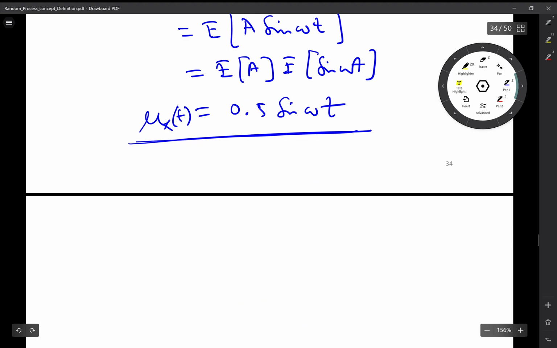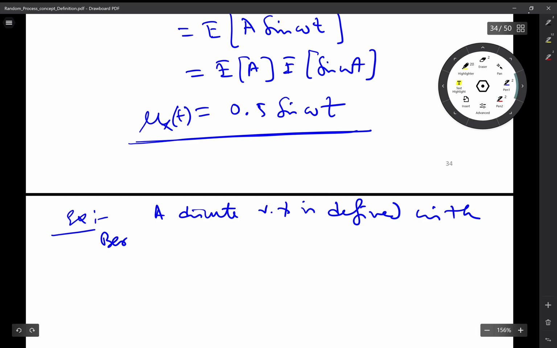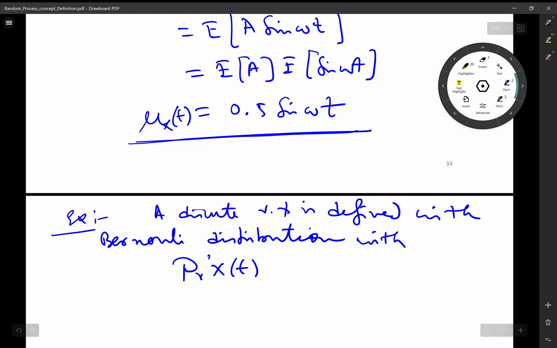So now another example. Let's say a random process is defined with Bernoulli's distribution, with the probability of X(t) equal to 1 being half minus half of e to the power minus lambda t.